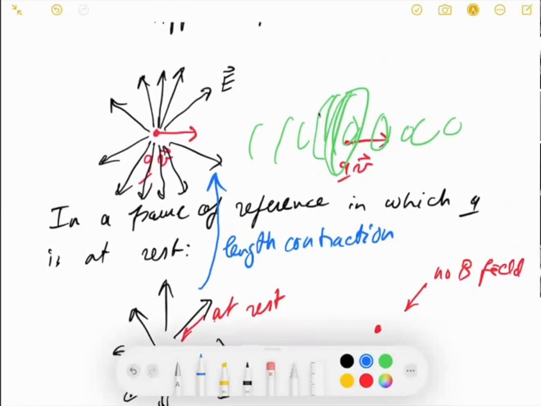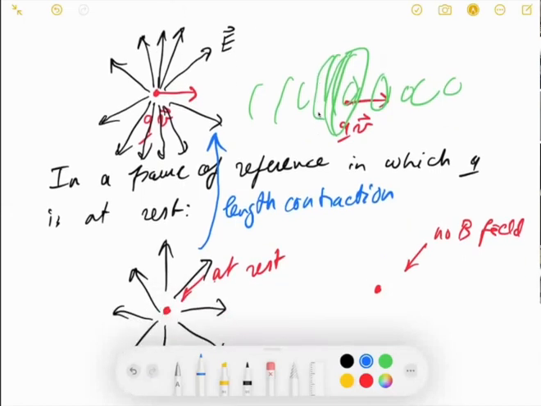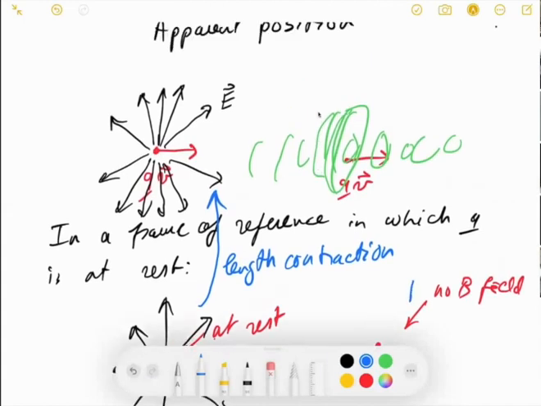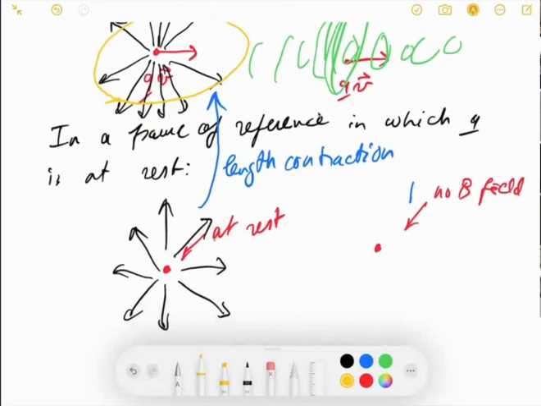So instead of having field lines pointing nicely radially out, you get them pointing out more perpendicular to an ellipsoid. And actually, if you look at the equipotentials, they are ellipsoids, so stretched circles. And here, the equipotentials are spheres.